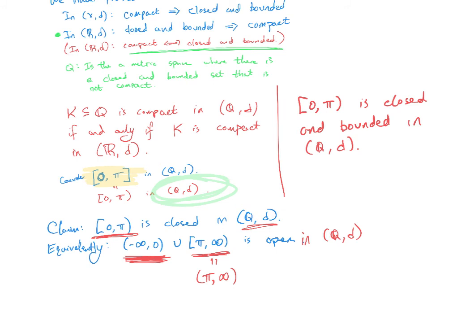This set is not compact in R because it's not closed and bounded in R. I see now. So this set is not compact in the rationals.